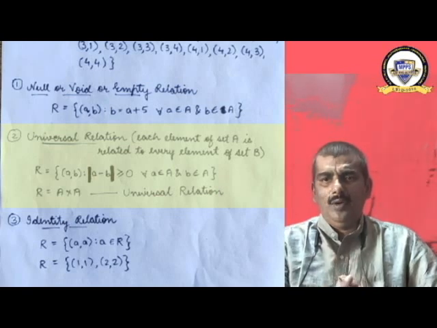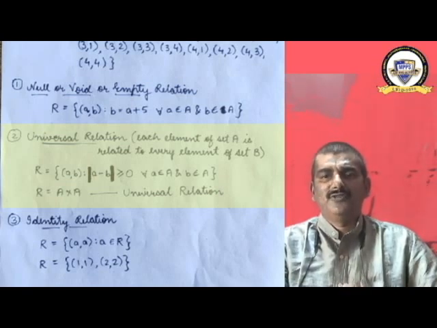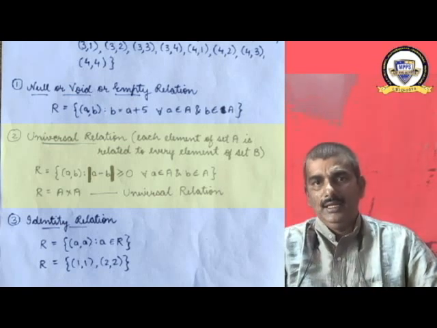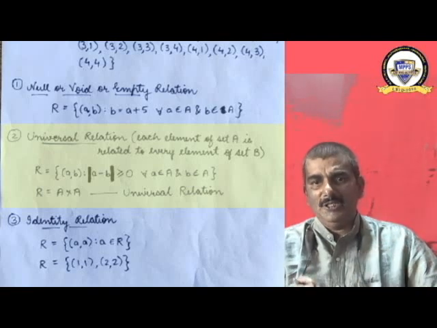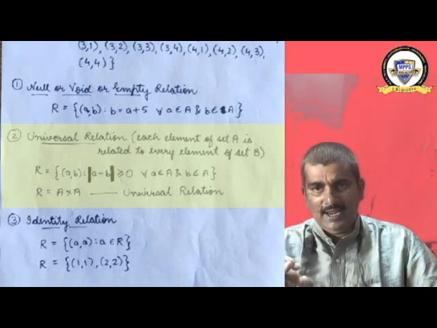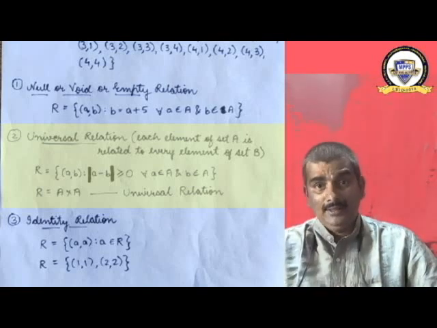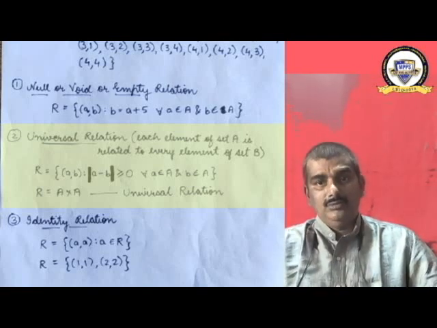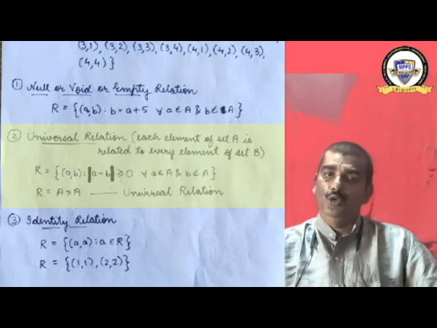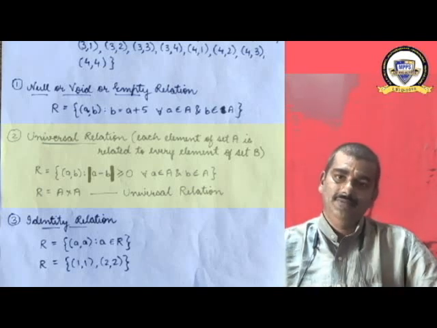Then that is the universal relation. Each element of a set is related to every element of another set; here, set A only. That is why we can say each element of set A is related to each element of A. That type of relation is called the universal relation.